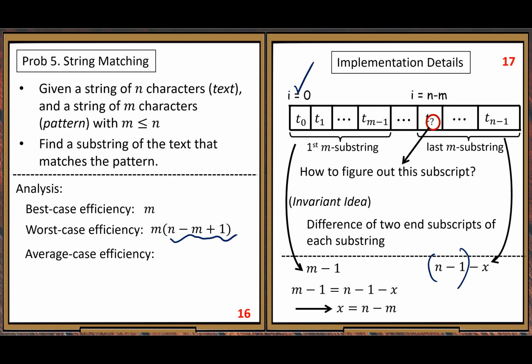So that property is a linear property, and the distribution is quite even. In that case, you can take the average of the best case and the worst case. This kind of average is not always correct.